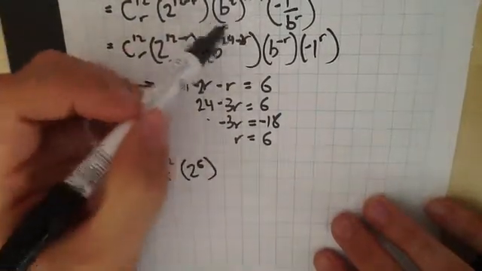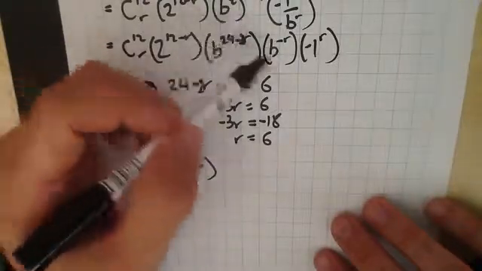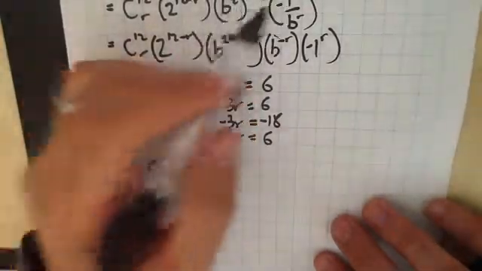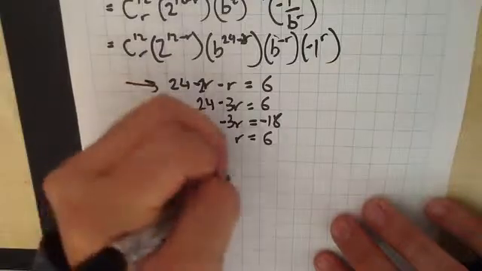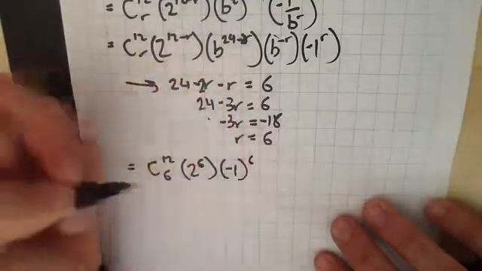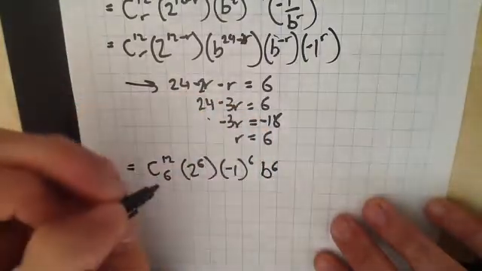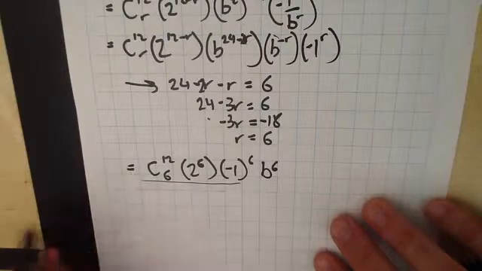I don't need to consider the b's because I know they're going to end up giving me b to the power of 6, and I'm looking for the coefficient. So don't worry about the b's, just look for the other. The other one was negative 1 to the power of r, so it's negative 1 to the power of 6. The actual coefficient is going to be all the rest.